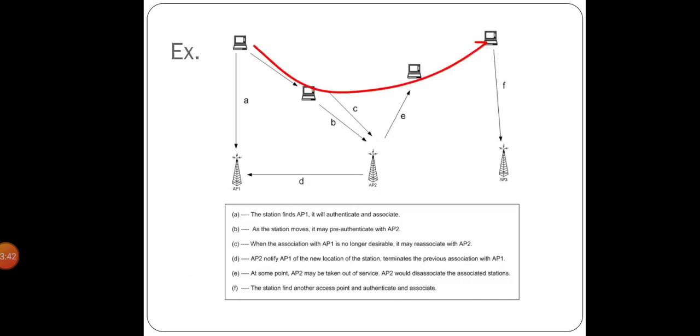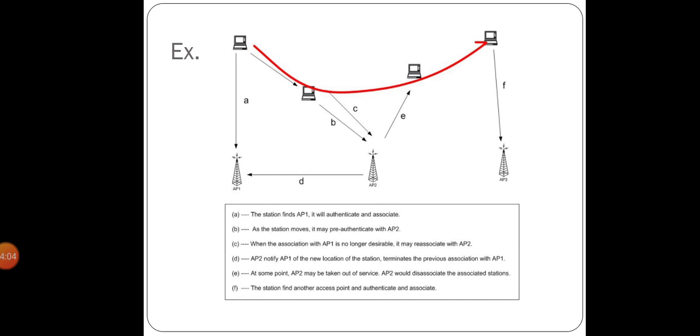This is an example. In this figure, A represents the station which finds AP1, it will authenticate and associate. B, as the station moves, it may pre-authenticate with AP2. C, when the association with AP1 is no longer desirable, it may reassociate with AP2.